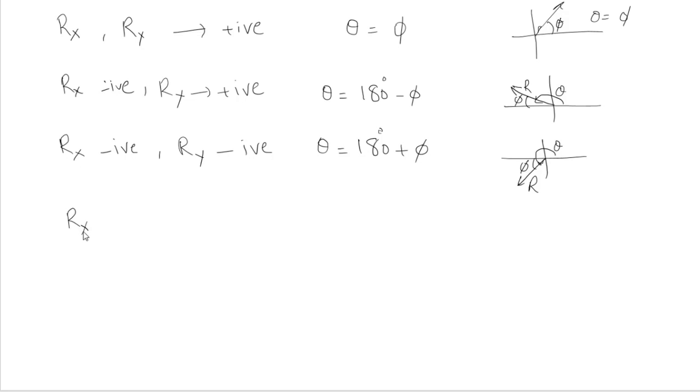What if Rx is positive and Ry is negative? Then it means the resultant lies in the fourth quadrant, and this will be angle phi, then theta will be 360 degrees minus phi. So this will be angle theta. These are the general rules to find the direction of the resultant vector with respect to the positive x-axis.